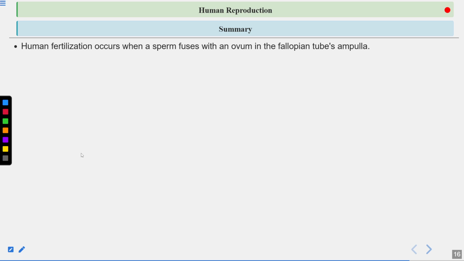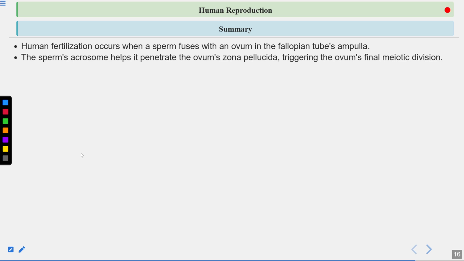Human fertilization occurs when a sperm fuses with an ovum in the fallopian tube's ampulla. The ampulla is the site of the fertilization, or you can say where the sperm and the egg fuse with each other. Then the sperm's acrosome helps it penetrate the ovum's zona pellucida, triggering the ovum's final meiotic division.